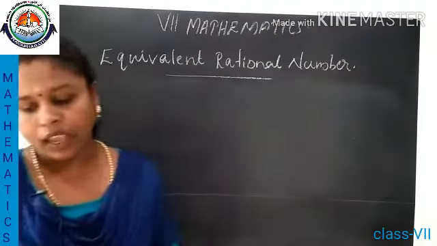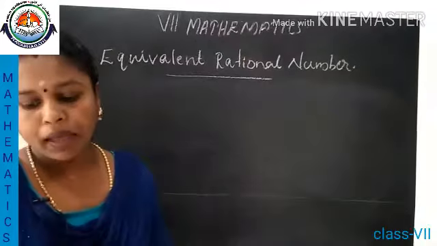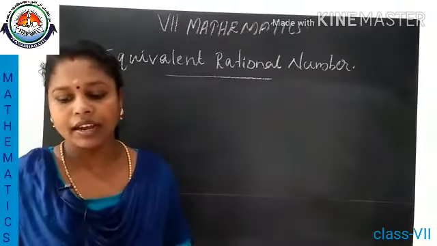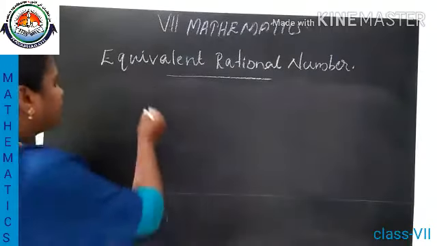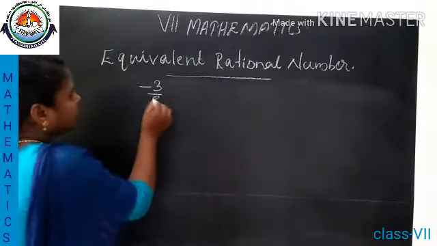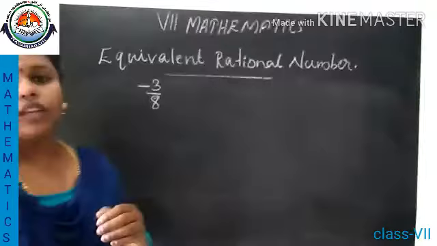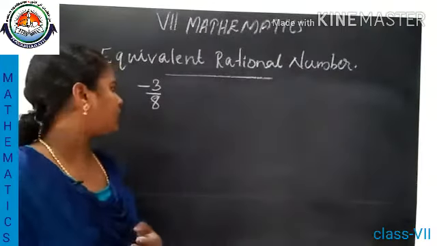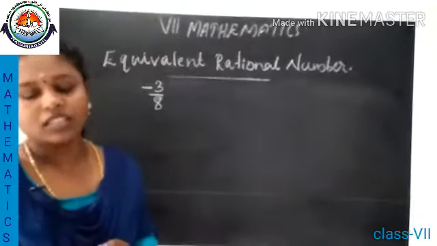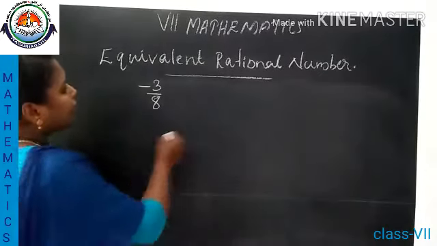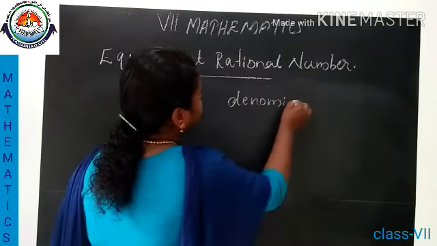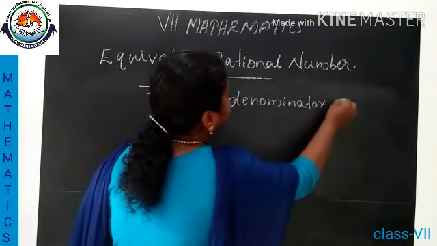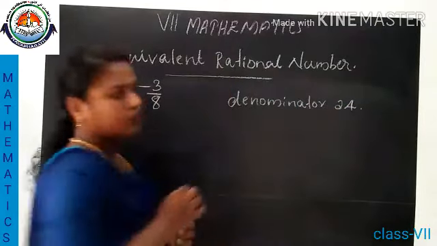Express negative 3 by 8 as a rational number with denominator 24. Listen, our rational number is negative 3 by 8. We need to express this as a rational number with denominator 24.